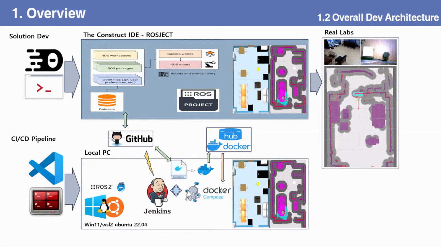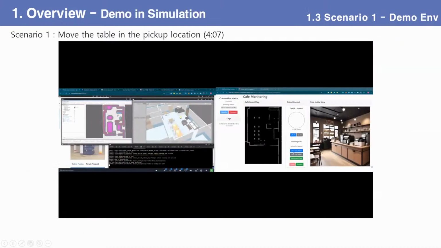There is some issue, which I will explain later, but I have to set up Jenkins and Docker on a local PC. So this is my overall dev architecture. Then I would like to show the demo first.